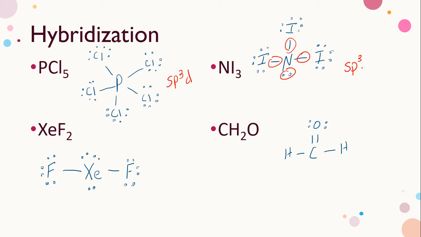So 1 plus 3 gives me a total of 4 there. Down here I have 1, 2, 3, 4, 5 groups. So sp3d, this all adds up to 5. And the last one, I have 1, 2, 3 groups. So this is an sp2 because my 1 s and my 2 p's will add up.